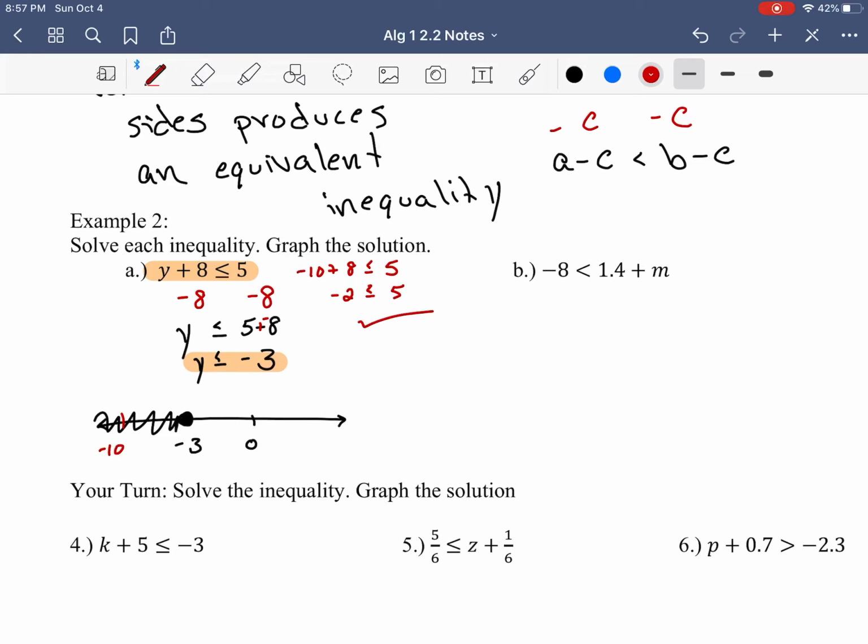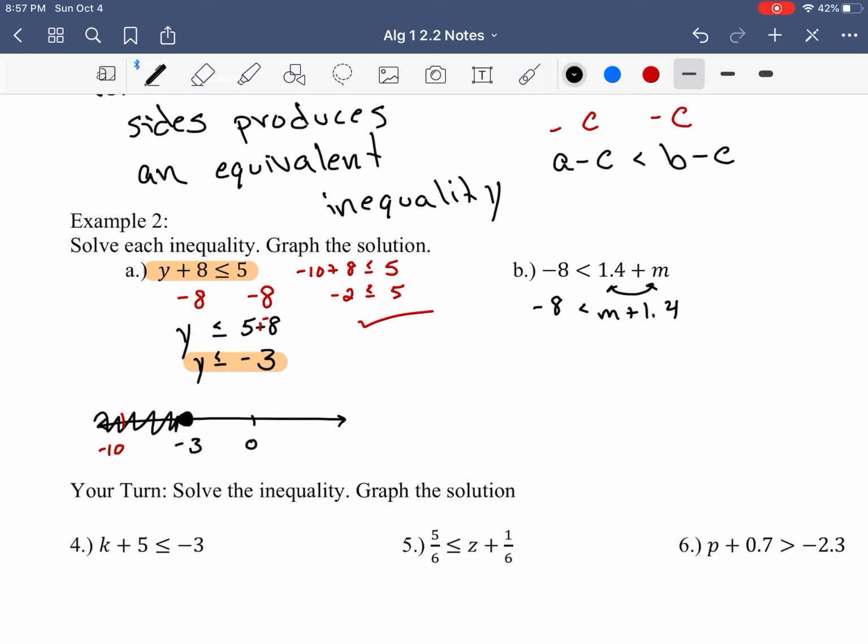Okay, next one. Here we have negative 8 is less than or equal to 1.4 plus m. We're solving this for m, but m's over here. For a lot of us, we'd be more comfortable if m was over here. First, I'm going to flip-flop these two. Since I'm adding, I can do that. M plus 1.4.